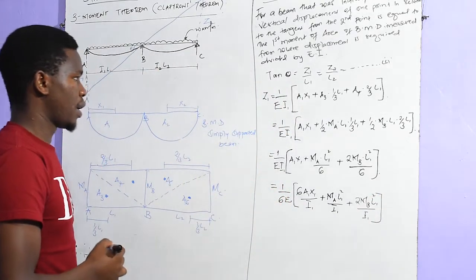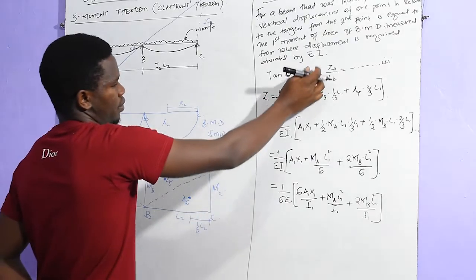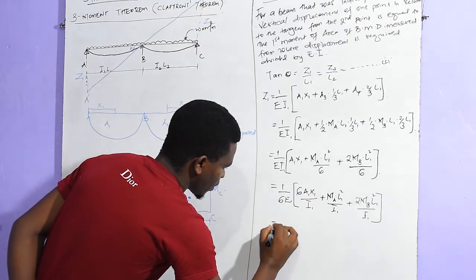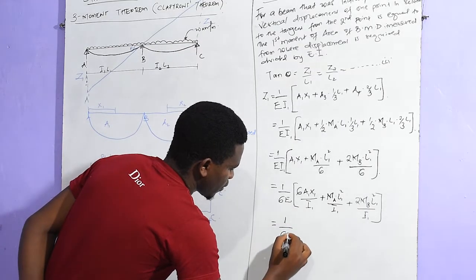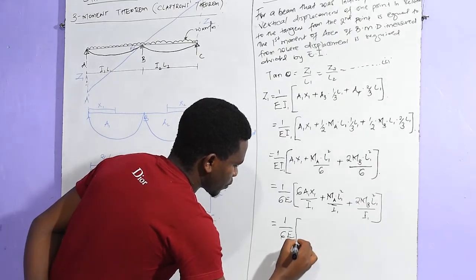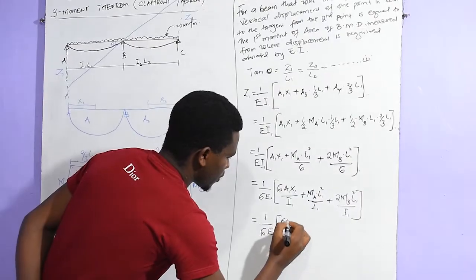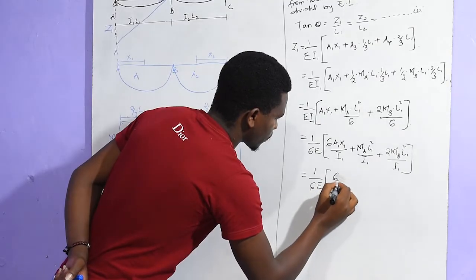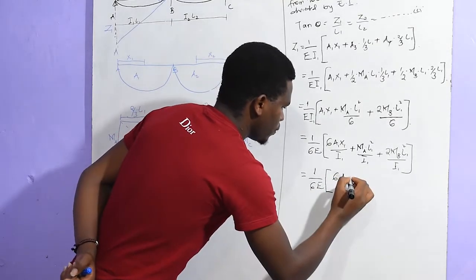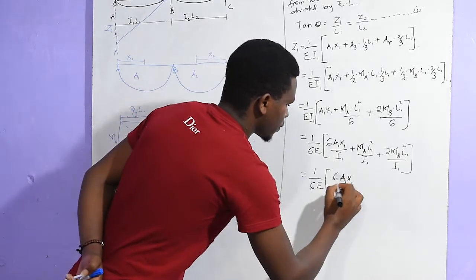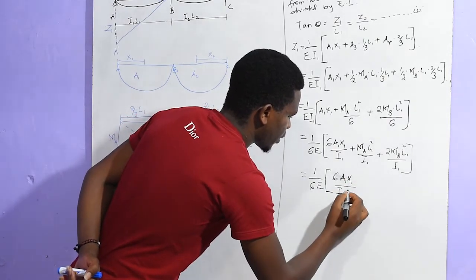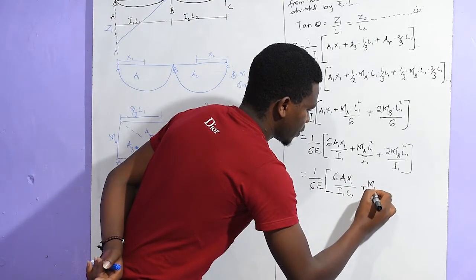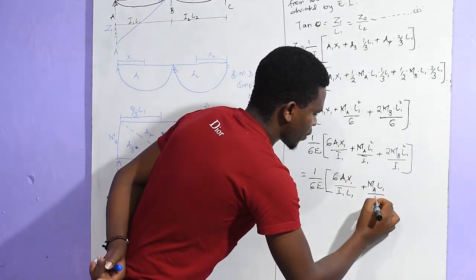Remember, our tan theta equals Z1 over L1, so we divide all through by L1. This will give us 1 over 6E, 6 area 1 x1 all over I1 L1, plus moment at A, L1 all over I1.